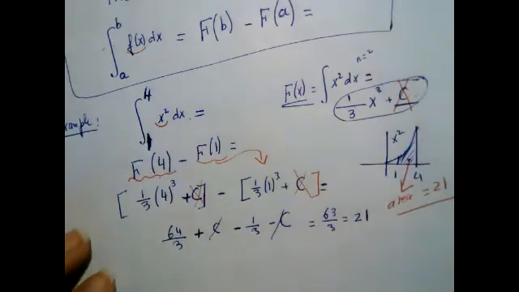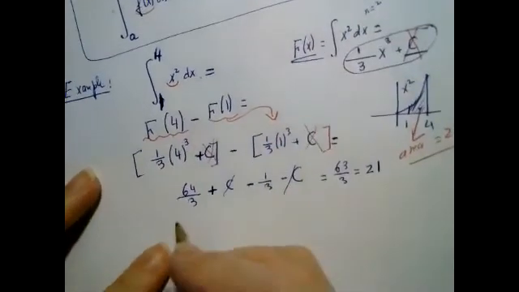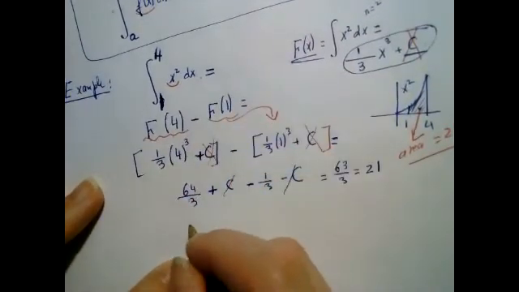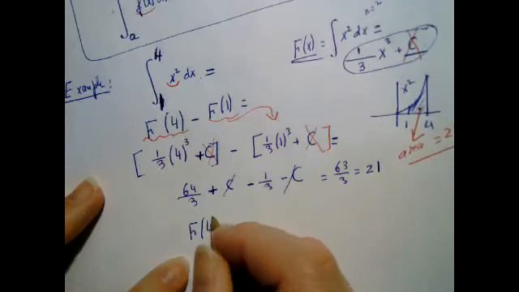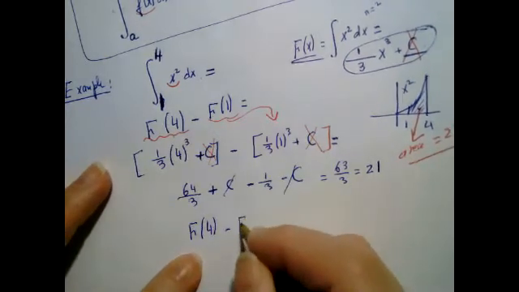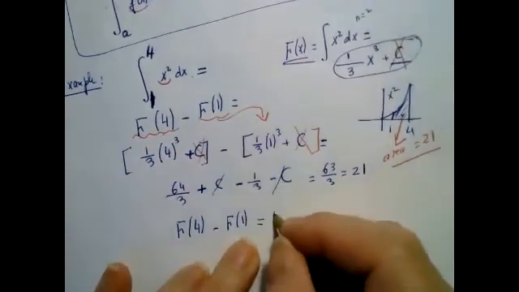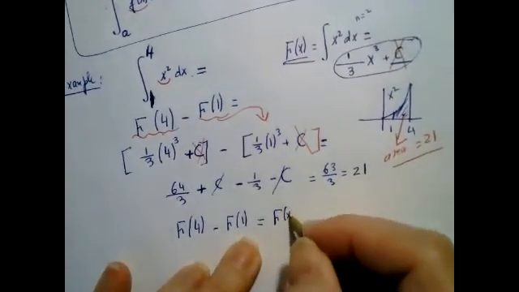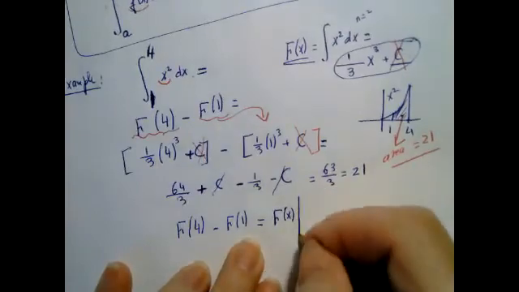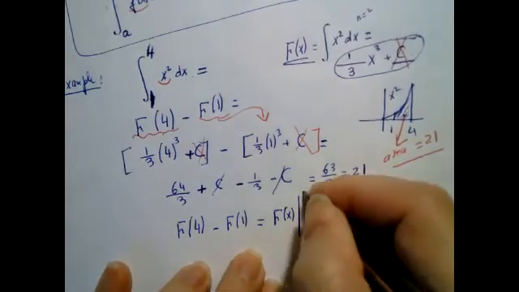Now, second, notation. And then I'm going to put it here. F of 4 minus f of 1. Usually we use the following notation to write it. We write it as f of x, slash 1, 4.